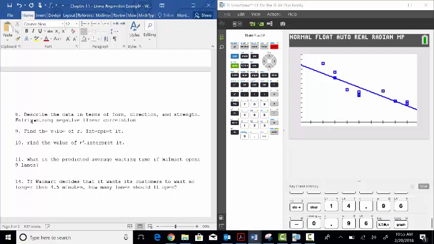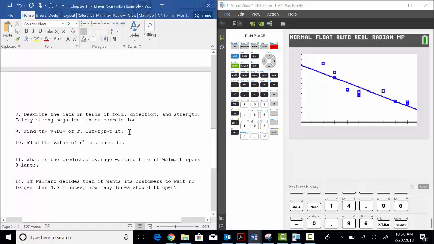So again, a fairly strong negative linear correlation. The fairly strong is given the strength of it. And I say it's fairly strong because the points are pretty close to the line. It's negative because it's sloped downward from left to right. And it's linear because the points are kind of forming a straight line. It's not a perfect line, but it's kind of in the form of a line.